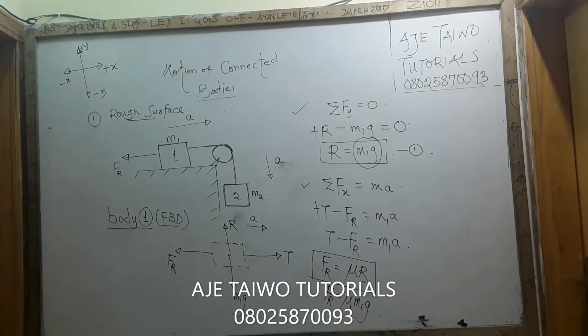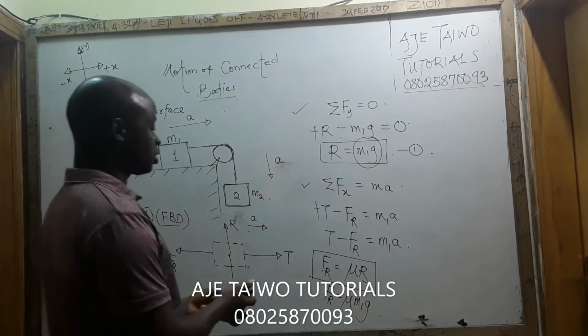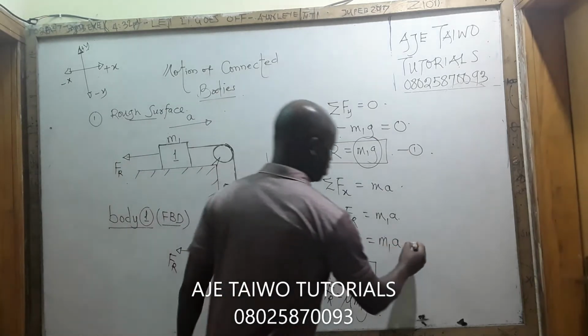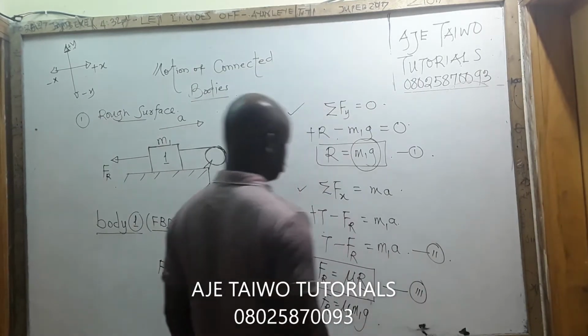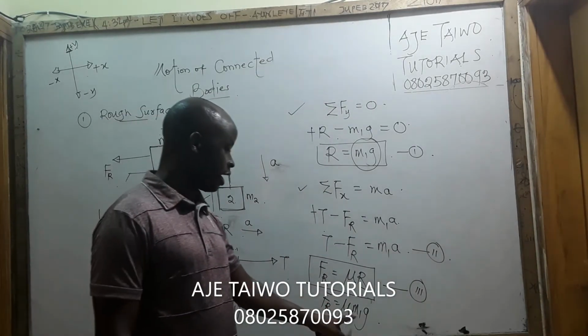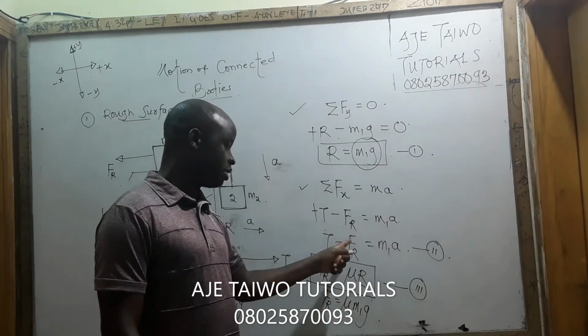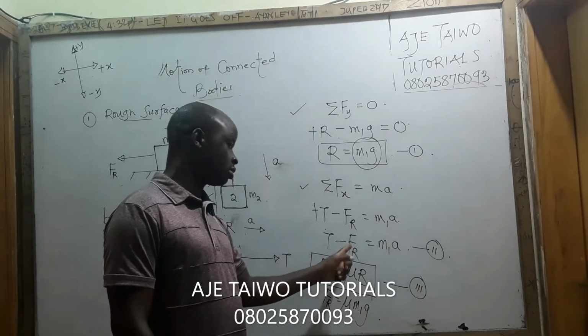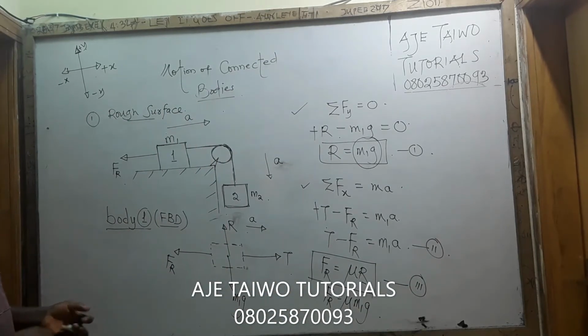I'm done with the first body, body 1, and these are the equations I get. I got equation 2, equation 3. I'll replace Fr with this expression. I've assumed there's friction here.